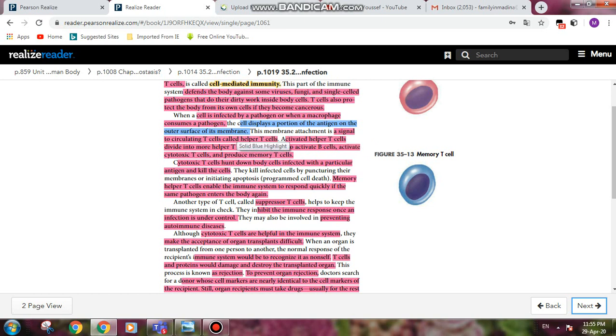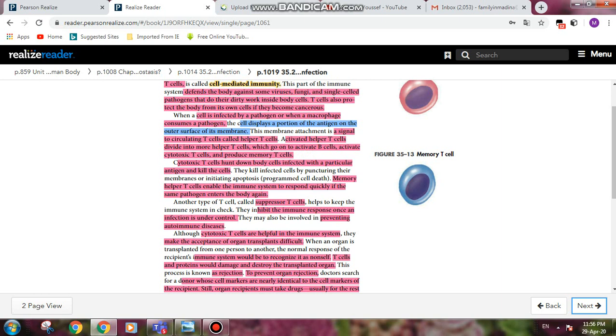So whenever the cell is infected by a pathogen, the cell displays a portion of the antigen on the outer surface of its membrane. Its here refers to the infected cell, and this acts as a signal for any circulating T cells, which are called helper T cells, as we have mentioned before.